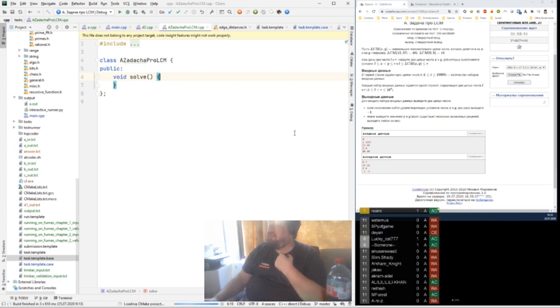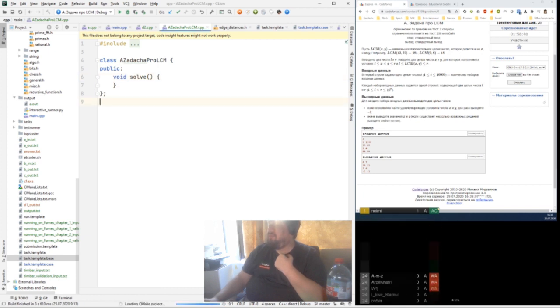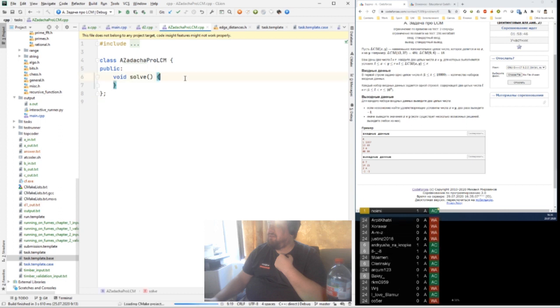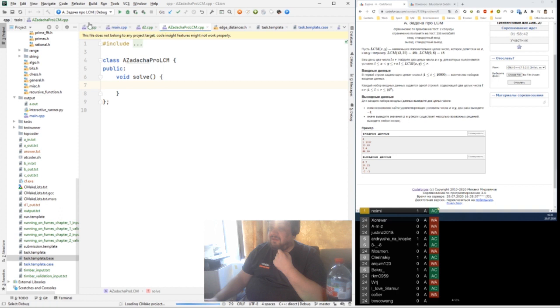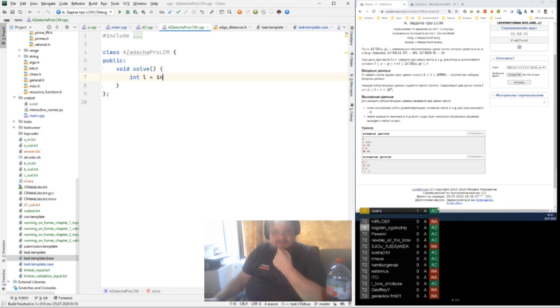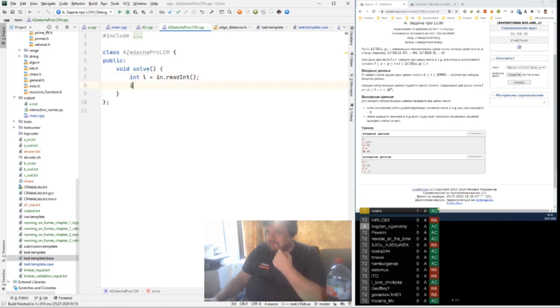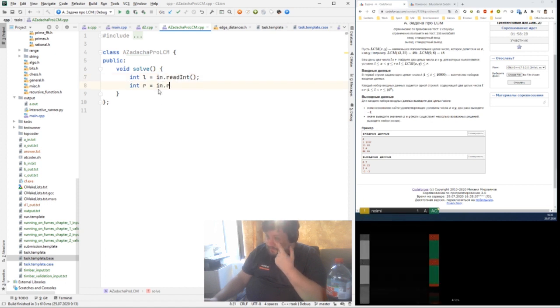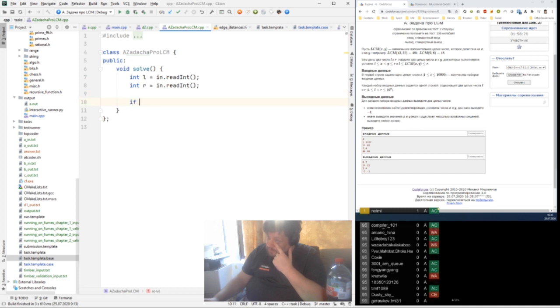So basically, we need to find two numbers x and y so that y is divisible by x. And we can do it basically if R is at least 2 times L. One such example would be L and 2L. And that's basically it for problem A.